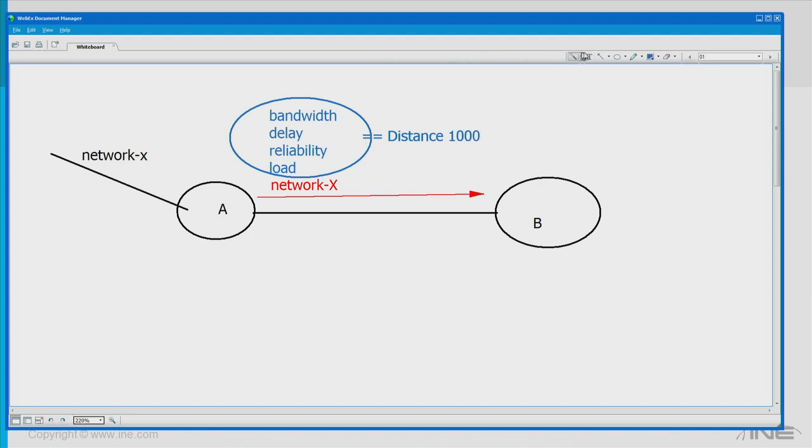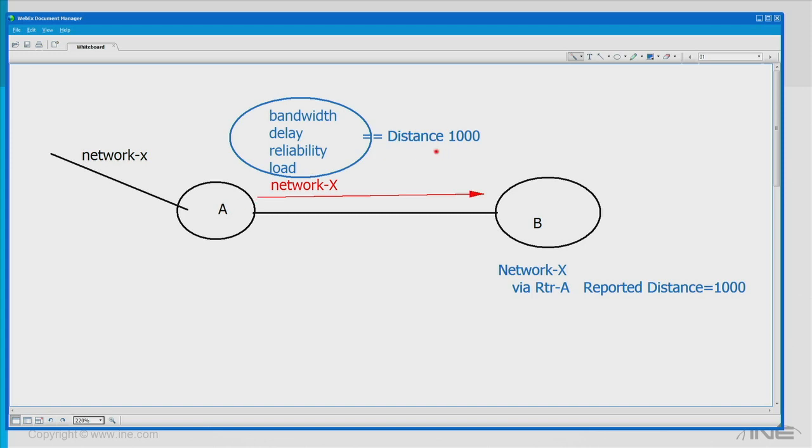So from router B's perspective, in his EIGRP topology table, he's going to say it's via router A, and he's going to say reported distance equals 1,000. So he's going to say, as far as my neighbor's concerned, from router A's perspective, it costs him 1,000 to get to this network.